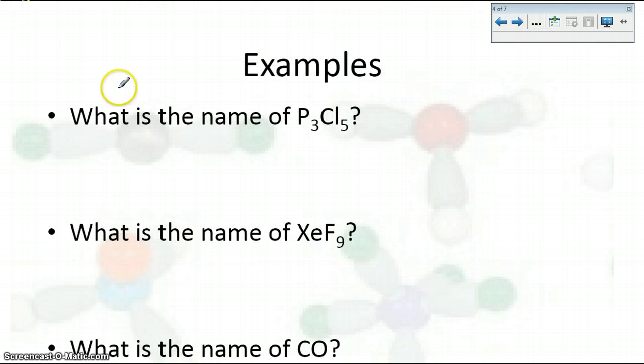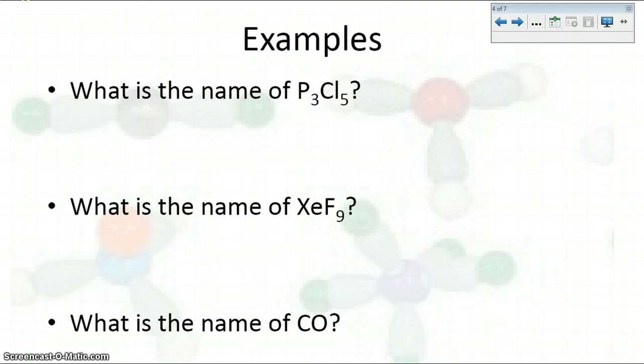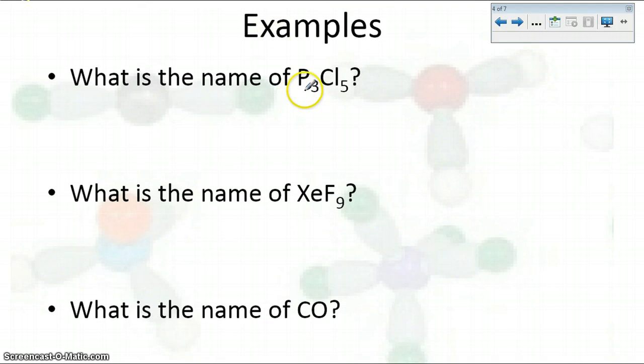All right, so here's some examples. We have P3Cl5. 3 is the prefix tri. P is phosphorus, so we're just going to write phosphorus here.